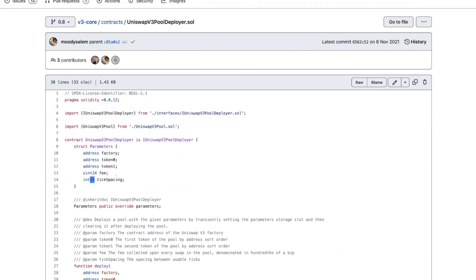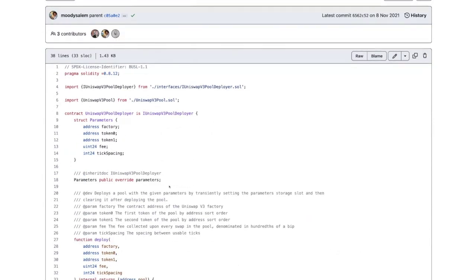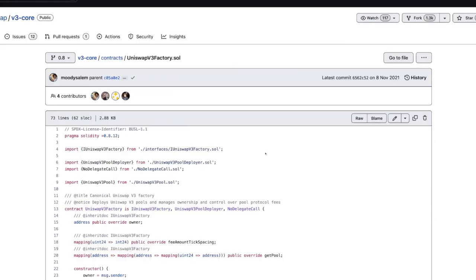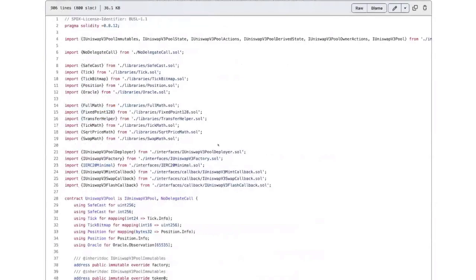That's 6 bytes, which you could pack in with this address, and that should take up one slot. Theoretically these could have been larger variables, but I assume they don't need so much. If it's a fee over some scaling factor like 100,000, you really don't need so many bits for that. So that looks like what that is.